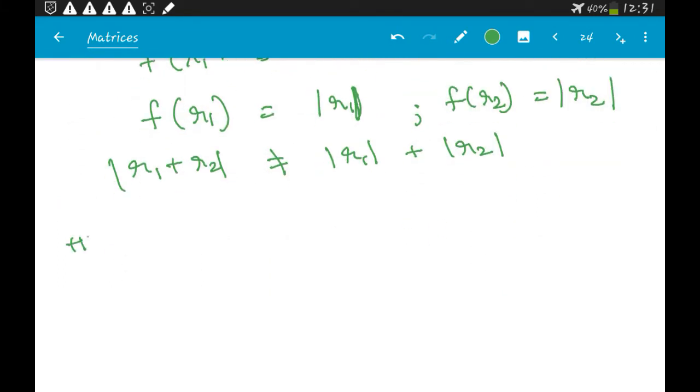For homework you have to find out whether the following functions are linear.